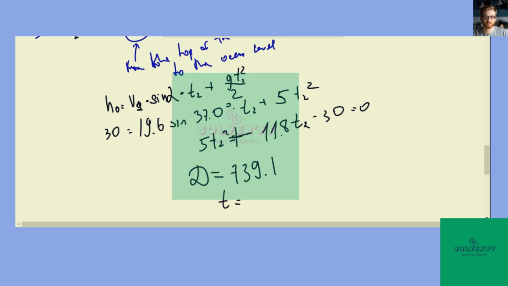So therefore T equals 11.8 plus the square root of this number, divided by 10, or divided by 2 times 5. Again, there is only one solution which makes sense, because if we have a negative sign here, this time would be negative.